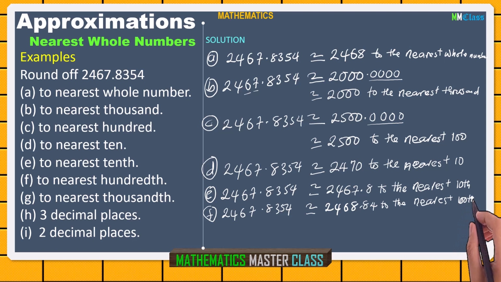So let's go to G, to the nearest thousand. Like I said, to the nearest thousand is the same thing as approximation to 3 decimal places.